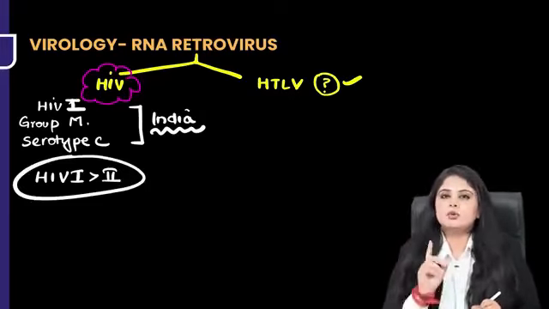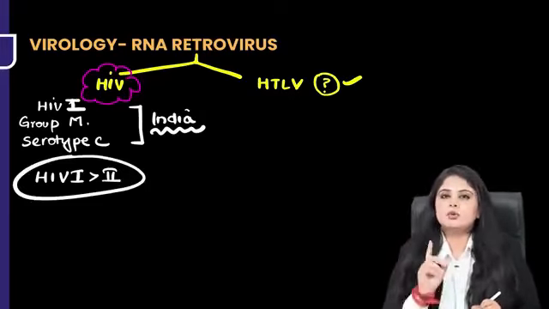Envelope has GP, the full name is GP160. 160 is divided into GP120 and GP41, okay? So GP120 is the one that you see coming on the surface, and GP41 is the one you see going through the membrane, right? So 120 is going to be the surface one, and 41 is going to be the transmembrane one. That makes up GP160.